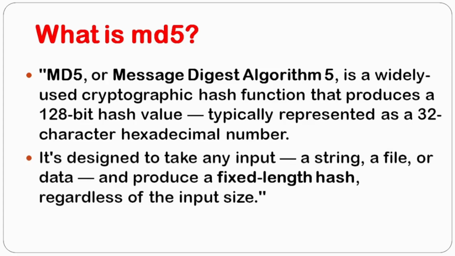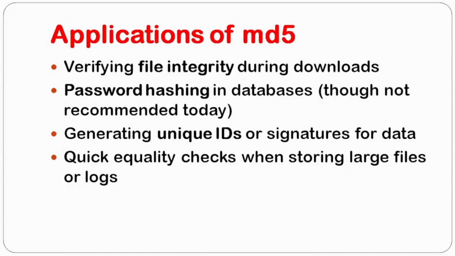It is designed to take any input, that is a string or a file or data, and produce a fixed length hash regardless of the input size. It means it takes a variable length input but always gives a fixed size hash code as output.